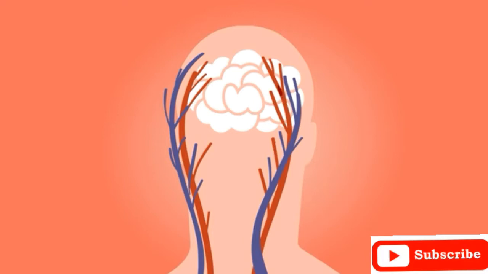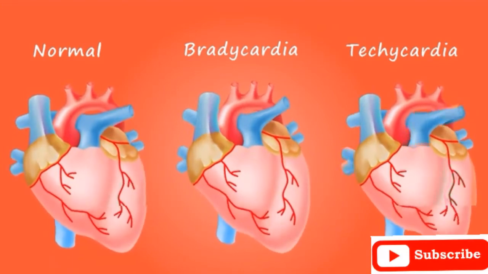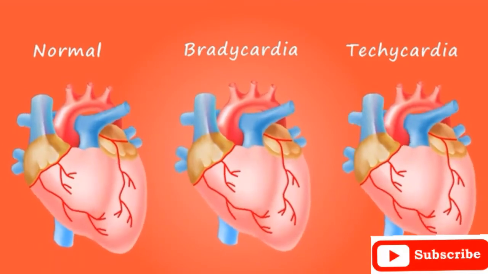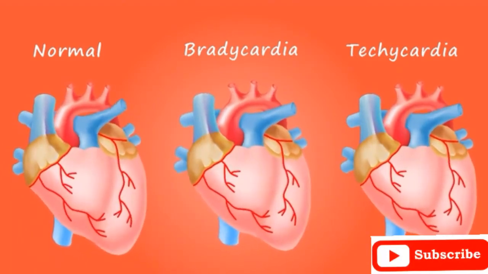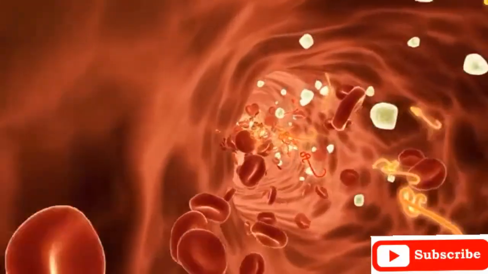Now we'll discuss the organs associated with the heart. Inferiorly, the apex rests on the central tendon of the diaphragm, and superiorly, the great blood vessels, for example, the aorta, superior vena cava, pulmonary artery and pulmonary veins.